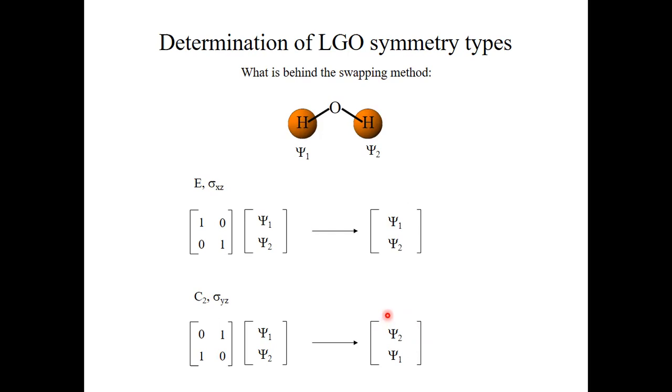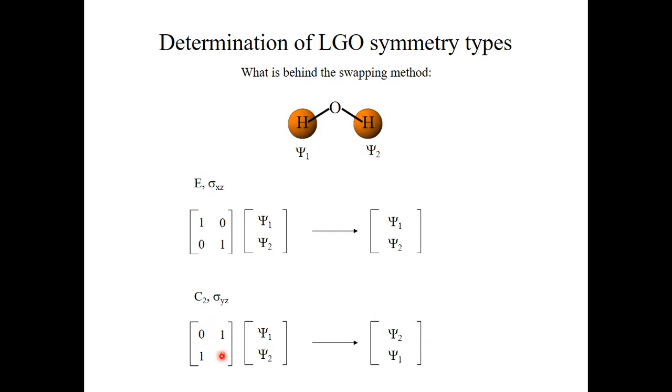So again, the characters of the reducible representation are the sum of the characters on the trace of the matrix. So in this case, that's this 0 and that 0. So we have 0 plus 0, well, that gives again 0. Okay, so this is what's behind the orbital swapping method.